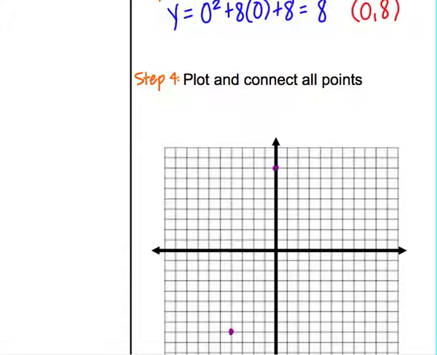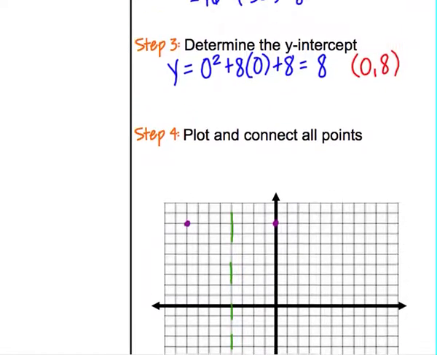And our negative 4 is that axis of symmetry. So then I'm going to look here. I see that my point up here, my y-intercept, is 4 away, so I'm going 4 away in the other direction.